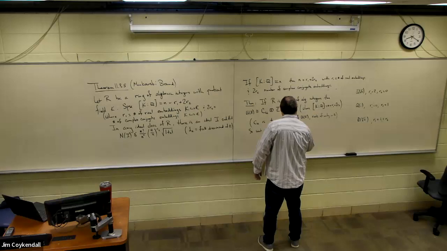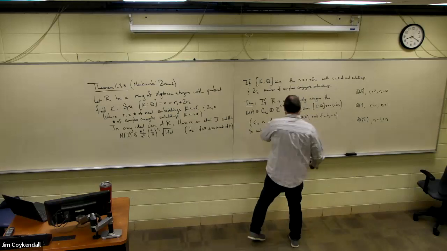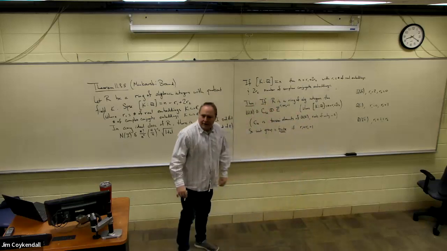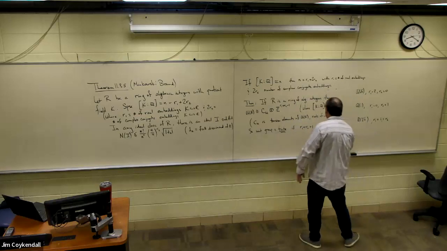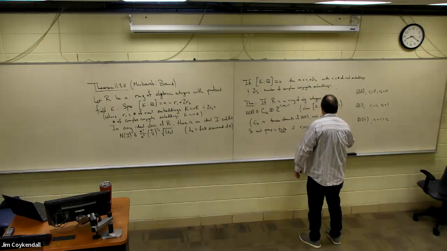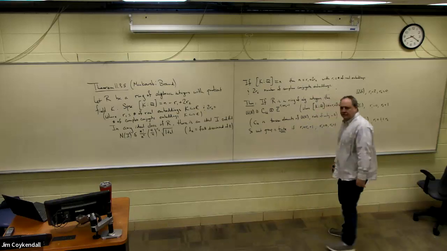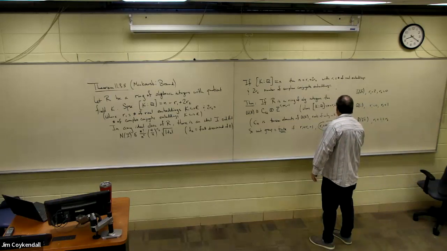Imaginary quadratic. So let's pick that apart. You can have R1 equals 0 and R2 equals 1. And this is imaginary.